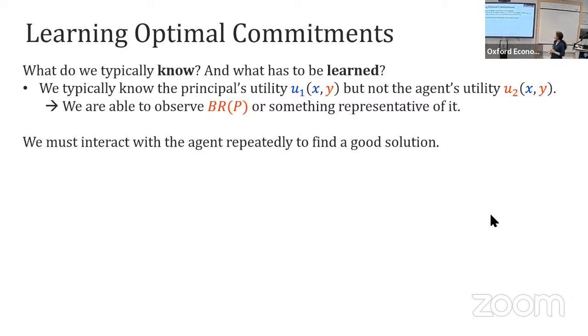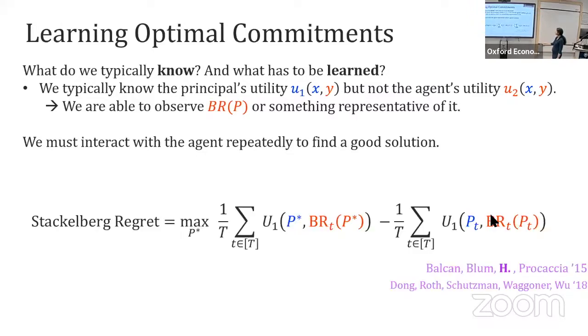So what people have been thinking about, especially from the computer science side, is figuring out that crucial aspect of how the agent is responding or what its utility is by repeatedly interacting with the agent and seeing its responses. What that looks like is a definition called Stackelberg regret.